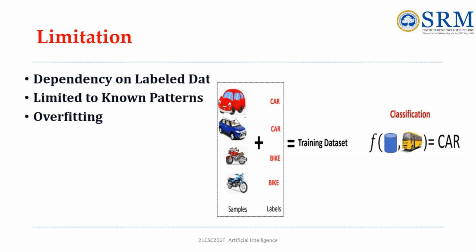The limitations: it requires large labeled data sets, which are expensive or time consuming to create, it struggles with unseen data patterns, and it can overfit if it is not regularized. For example, a model trained only on daytime images might fail at night. This is why data quality and diversity matter here.